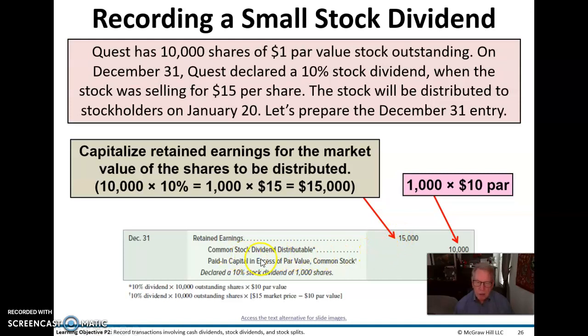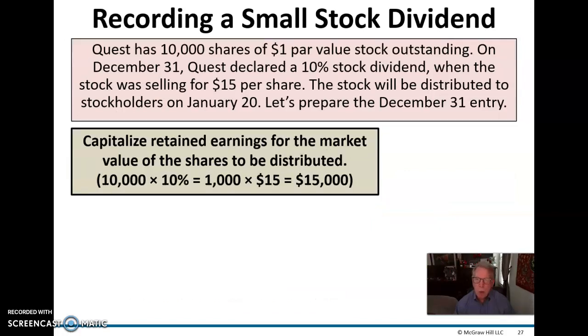The common stock dividend, note the term distributable here. It's not common stock, and it's not a payable, it's a distributable. And then we have paid-in capital in excess of par on common stock for $5,000.